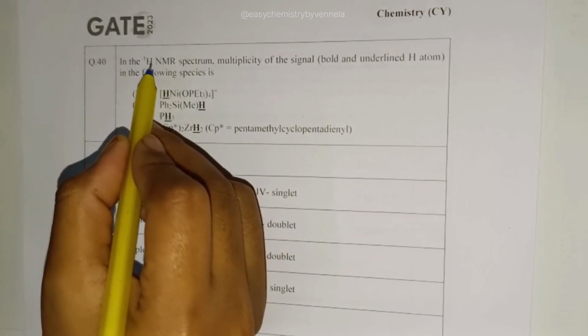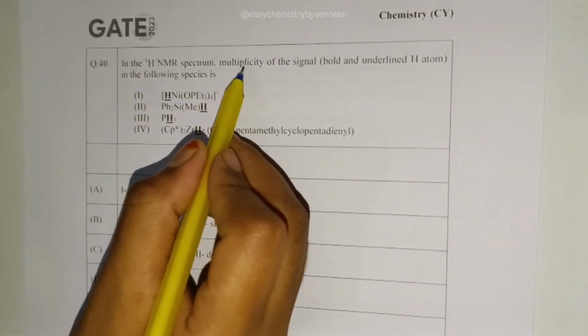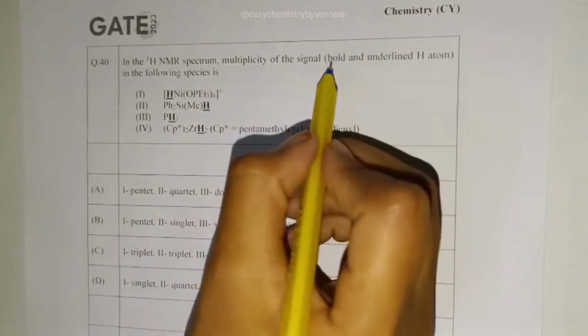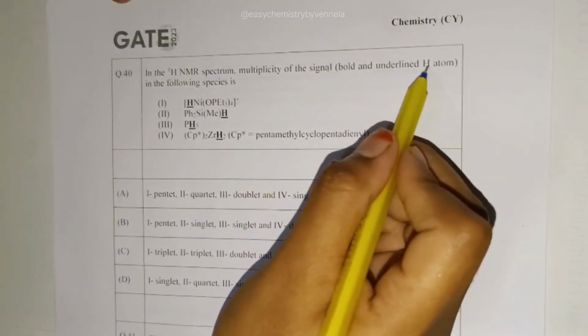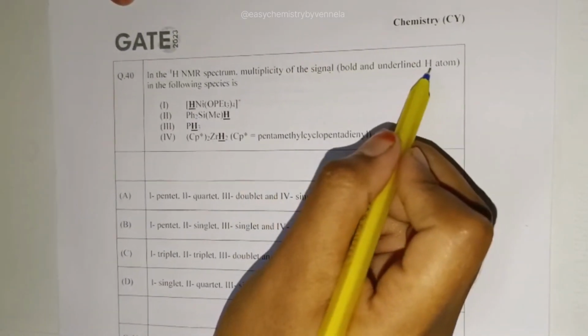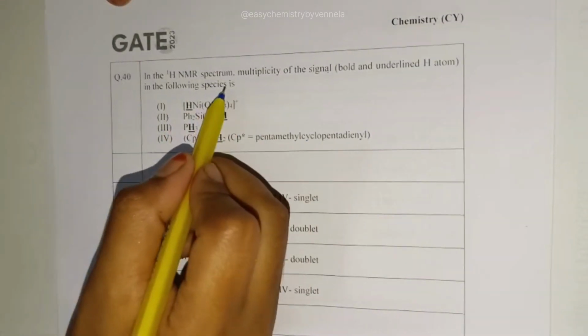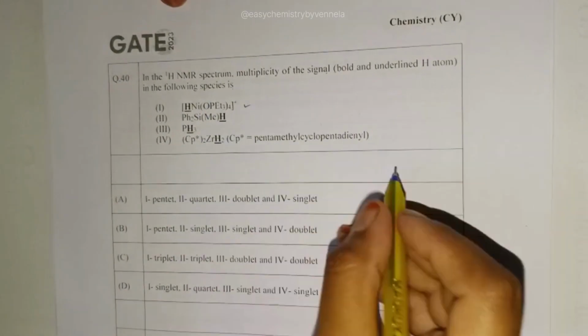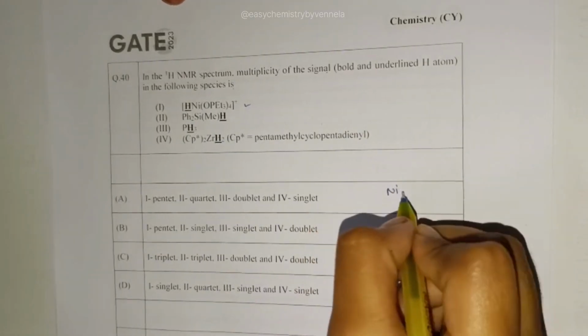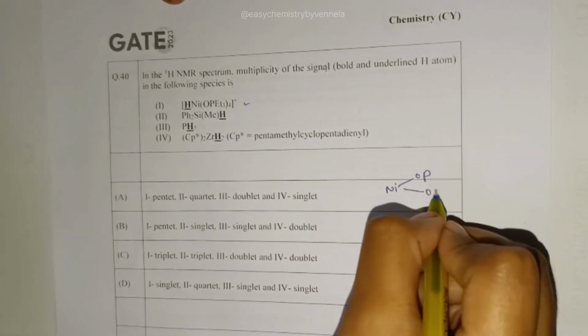In the HNMR spectrum, the multiplicity of the signal for the bold and underlined hydrogen atom in the following species is. So, first one, nickel, it is 4 Cp, and here hydrogen.